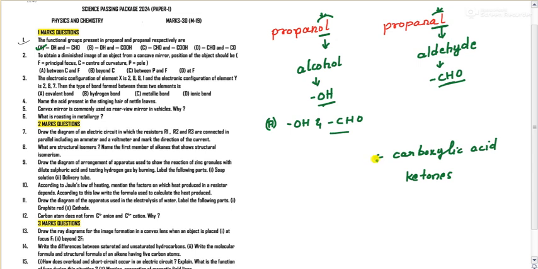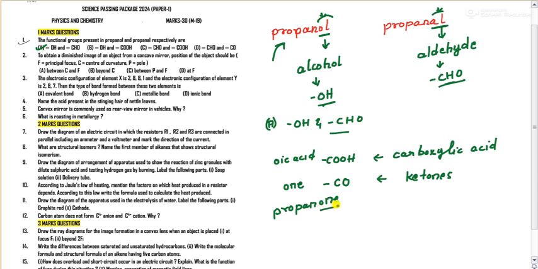For carboxylic acid, the formula is COOH, and for ketones, it is just CO. The suffix is oic acid. It could have been propanoic acid. And for ketone, it is ONE. It could have been propanone if it was a ketone.